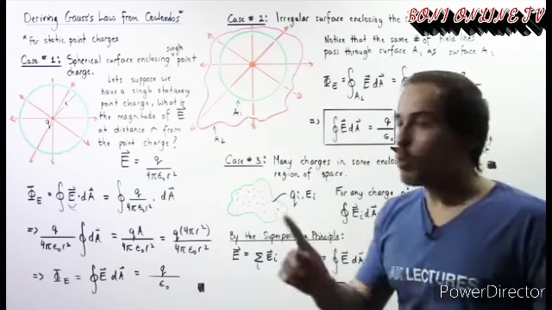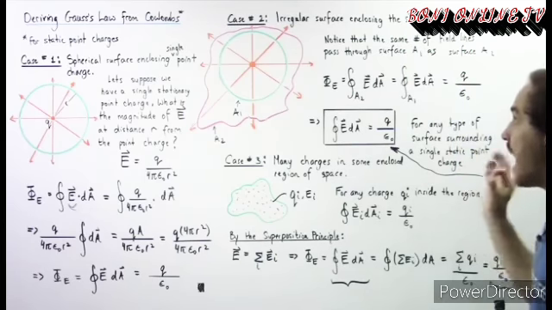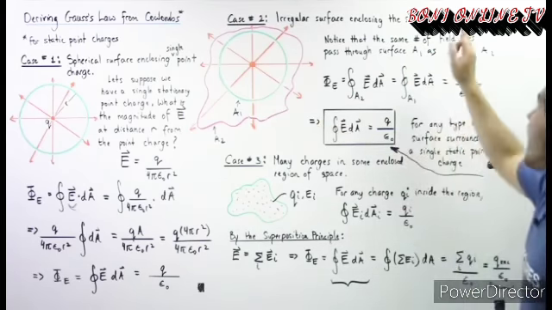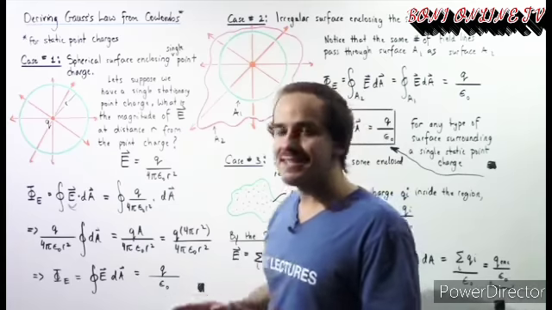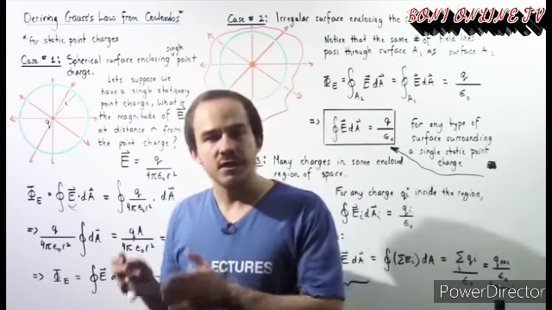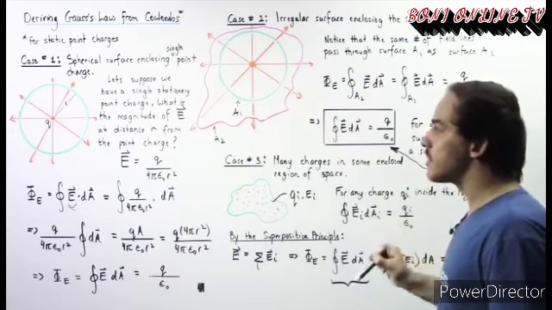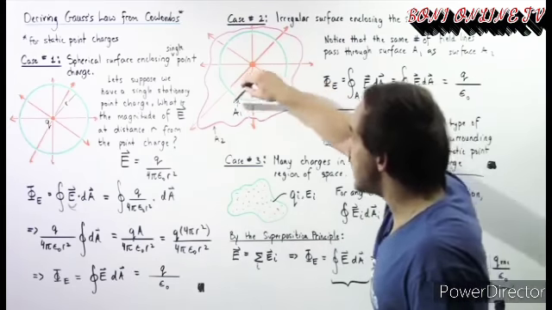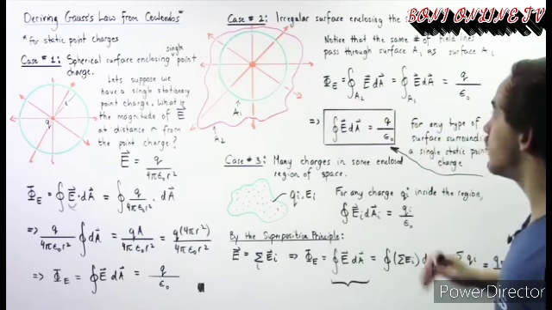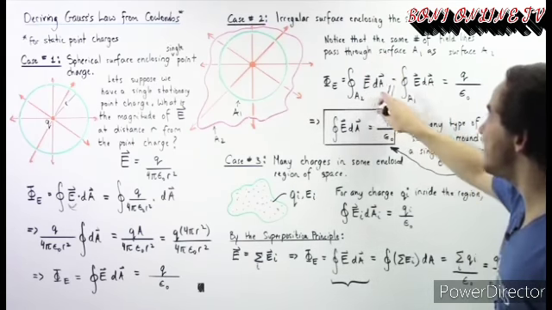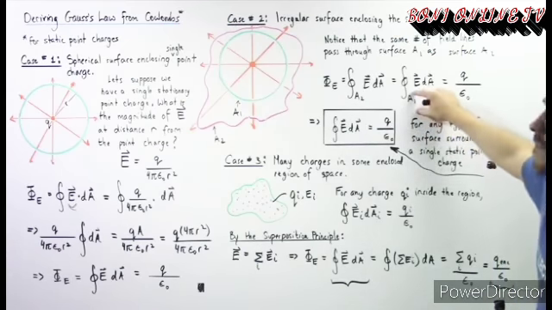Now, notice the following important point. Notice that the same number of electric field lines pass through surface A1 as surface A2. Now, recall that the electric flux is directly proportional to the number of field lines passing through that region. Because the same number of electric field lines pass through region A1 as through region A2, that implies that the electric flux, the closed integral of E dA over A2, is equal to the closed integral of E dA over A1.